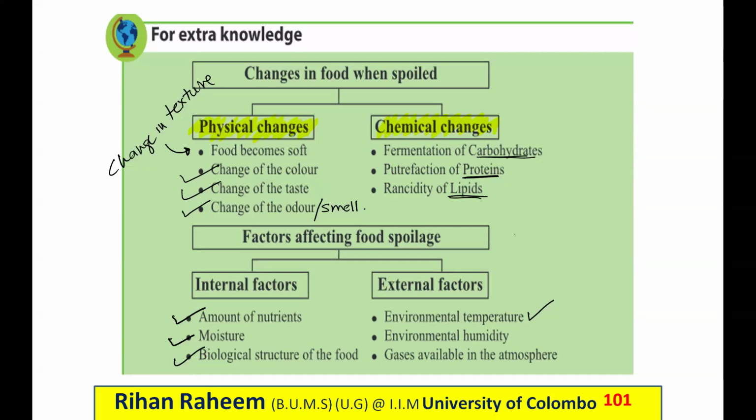For example, if they cook rice and just keep it, it won't get spoiled. But in Colombo, if you keep the rice, by midnight itself it will get spoiled. Why? The temperature difference. Understood? If the temperature is favorable for the microorganisms, they will grow nicely and spoil the food.